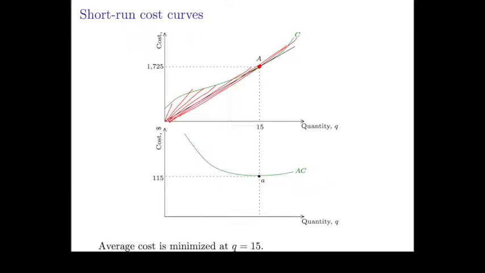So for this particular cost function, the average cost is minimized at this point A, where the quantity is 15, and the average cost is 115. Once you move to the right, the average cost starts increasing. You move to the left, average cost is going up, and it's minimized at A, at 15.